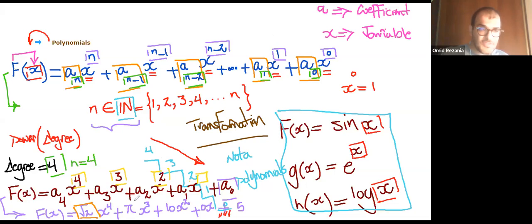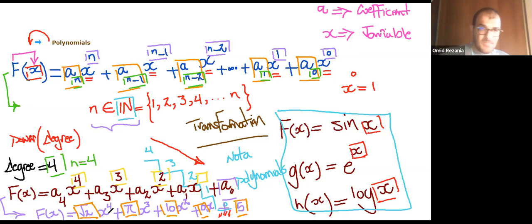Then you see that the coefficients which I have adopted range from many different choices, from a square root to a number as beautiful as pi, to a number as 10, it can even be 0, and a positive or negative number. They all denote any type of number which you decide to have as the coefficients of your polynomials.